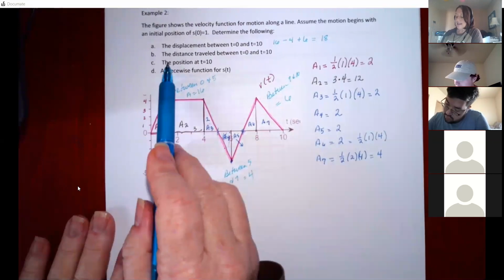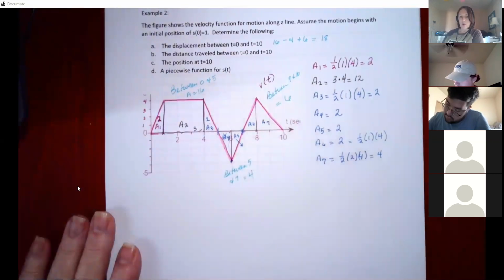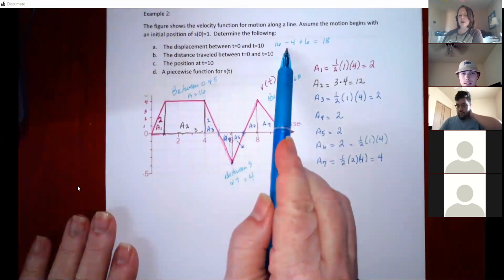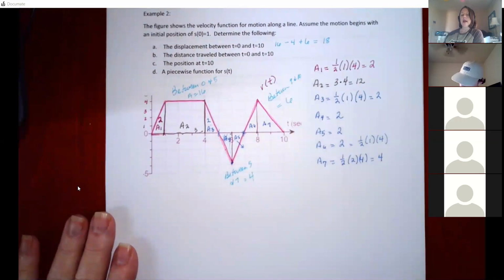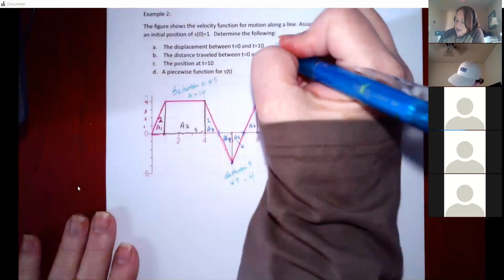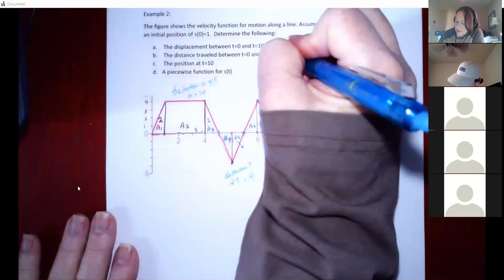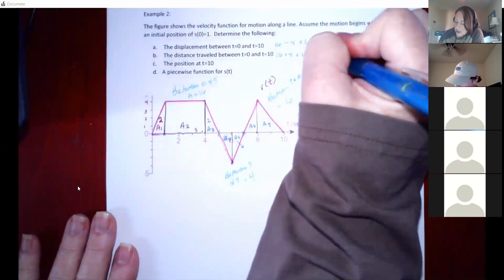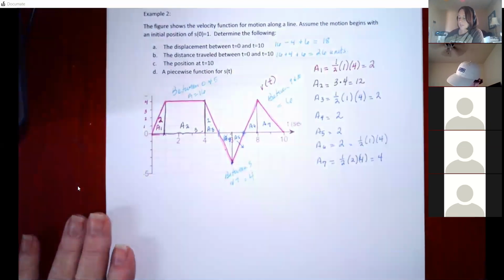What about the distance traveled between 0 and 10? What's the only difference? Instead of subtracting off the 4, I'm going to add it. So we'll take 16 plus 4 plus 6, which is 26 units, whatever that may be.